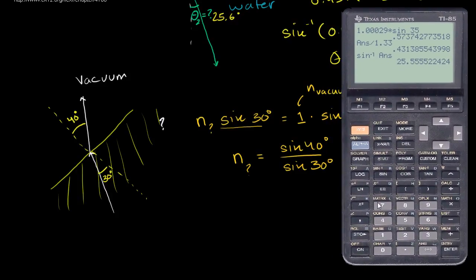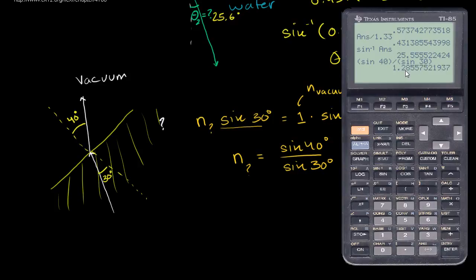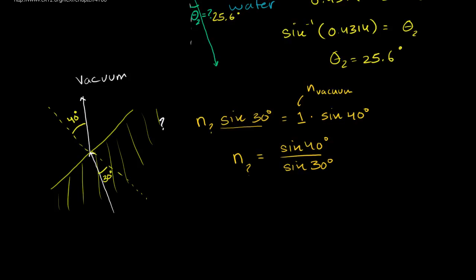So we have the sine of 40 divided by the sine of 30 degrees. Make sure you're in degree mode if you try this. And you get, let's just round it, 1.29. So our unknown refraction index for our material is approximately equal to 1.29.